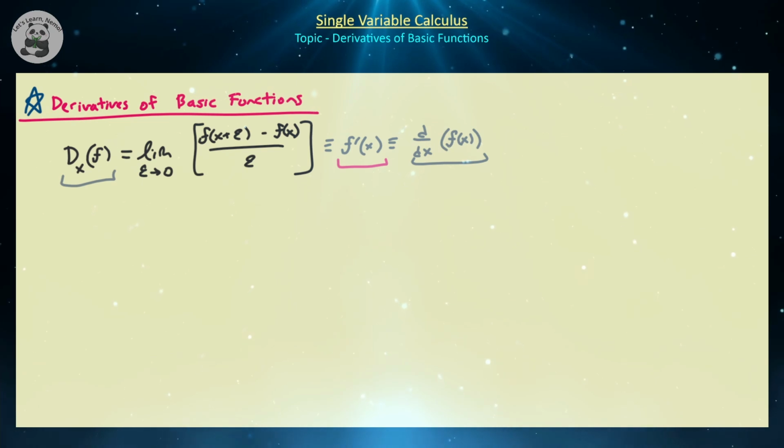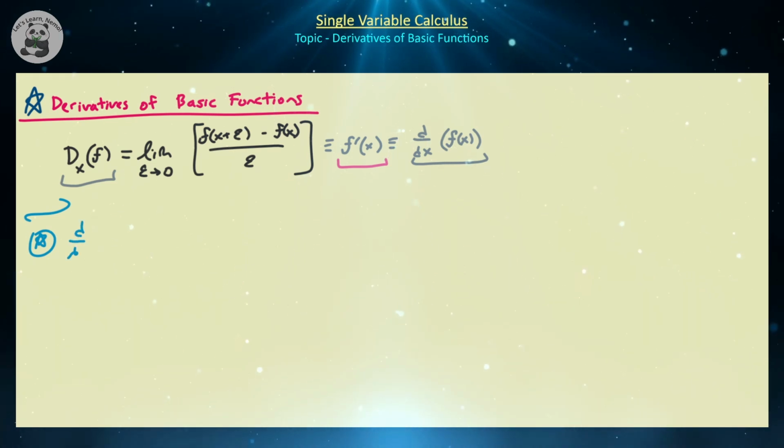Here we're implicitly mentioning that we're taking the derivative with respect to the x variable, since there's no other variables here, at least for the time being. So one of the main rules that we discussed last time was known as the sum and difference rule for differentiation.